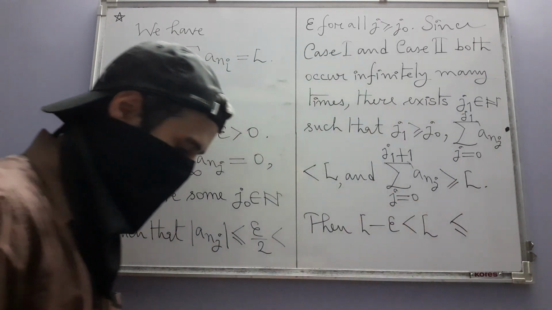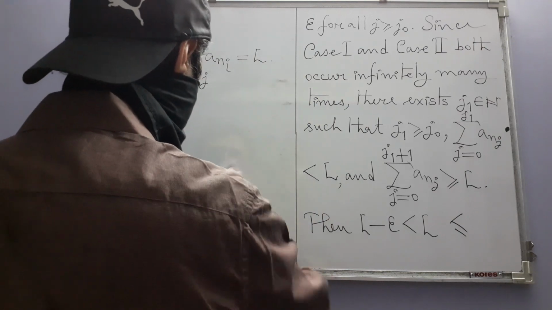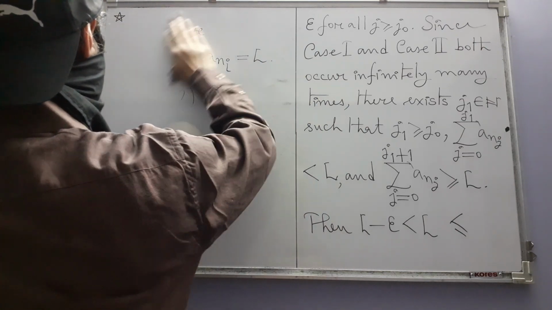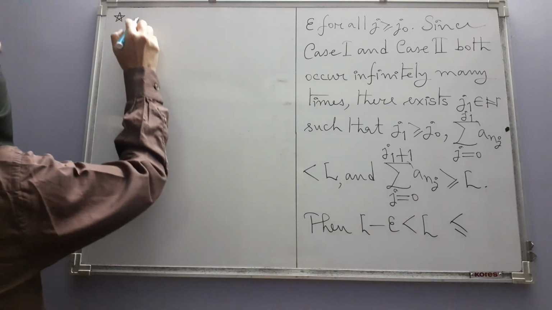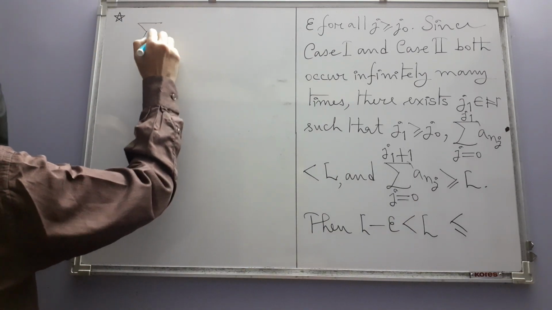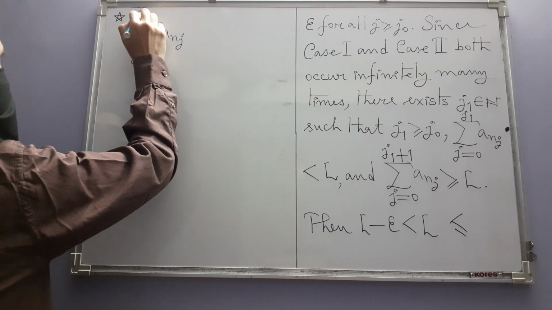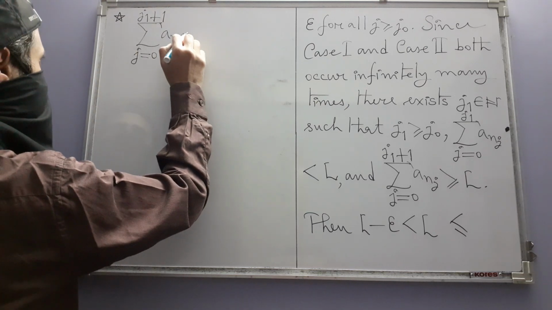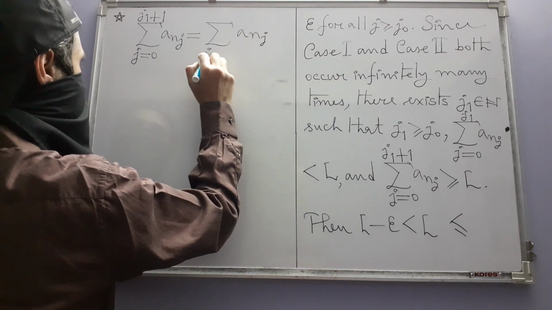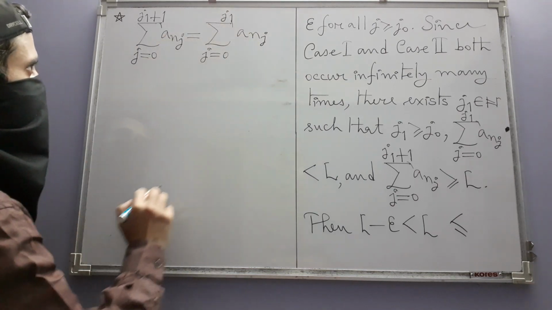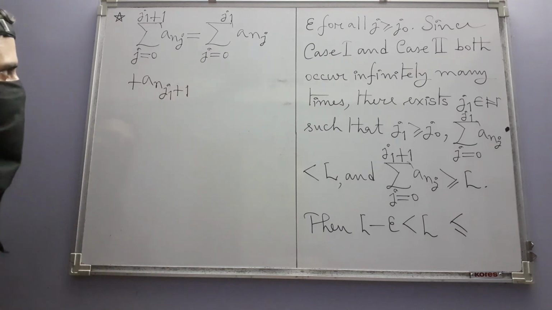L is less than or equal to this sum, a n j, j varies from 0 to j1 plus 1, and we know that you can write this sum as this sum plus a n j1 plus 1.